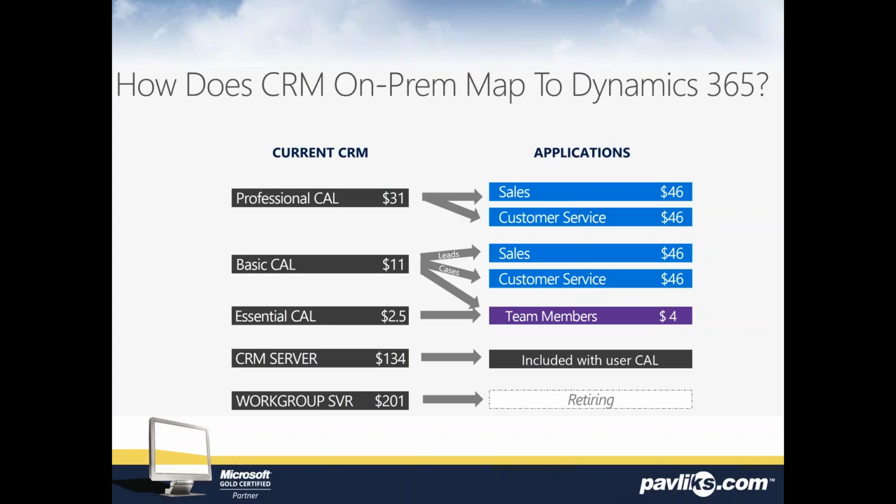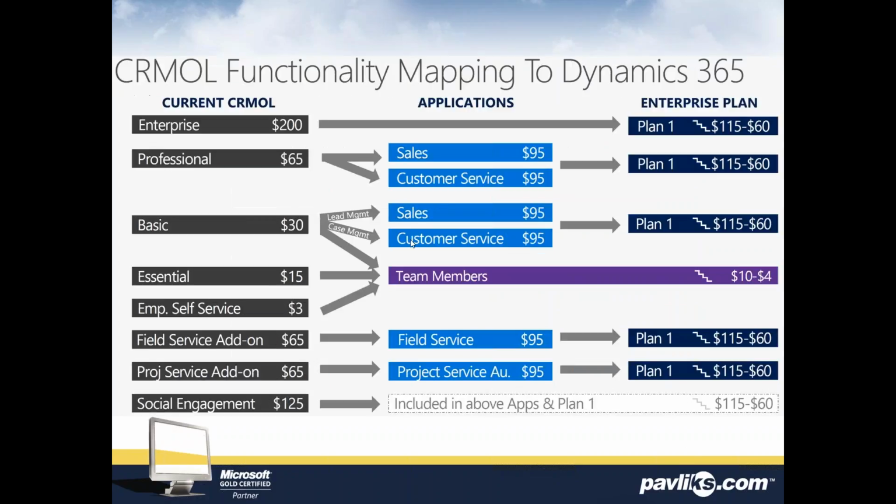We have the dates for everybody on the call, so you can talk to us and we'll tell you when your 12-month contract is up. It's at that point that you need to decide how to transition from the CRM Online licenses you currently have into whatever apps or plans you are going to move to. Even if you're using the old version of CRM, you still need to transition to the new apps and plans.